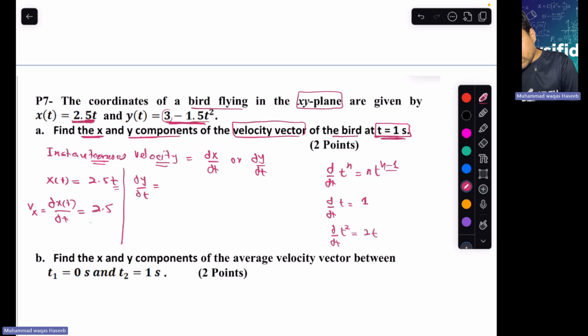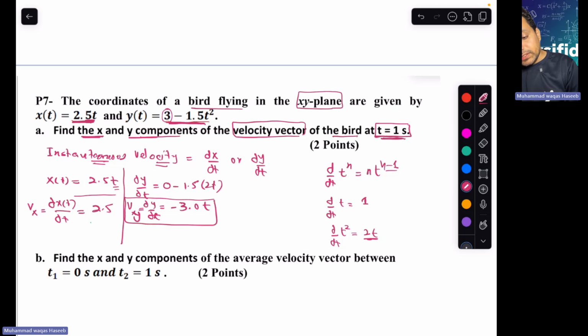The constant has a derivative of 0, minus 1.5 times the derivative of t squared, which is 2t, so 1.5 multiplied by 2 gives minus 3.0t. This is dy/dt, the y component of the velocity, and this is the x component.